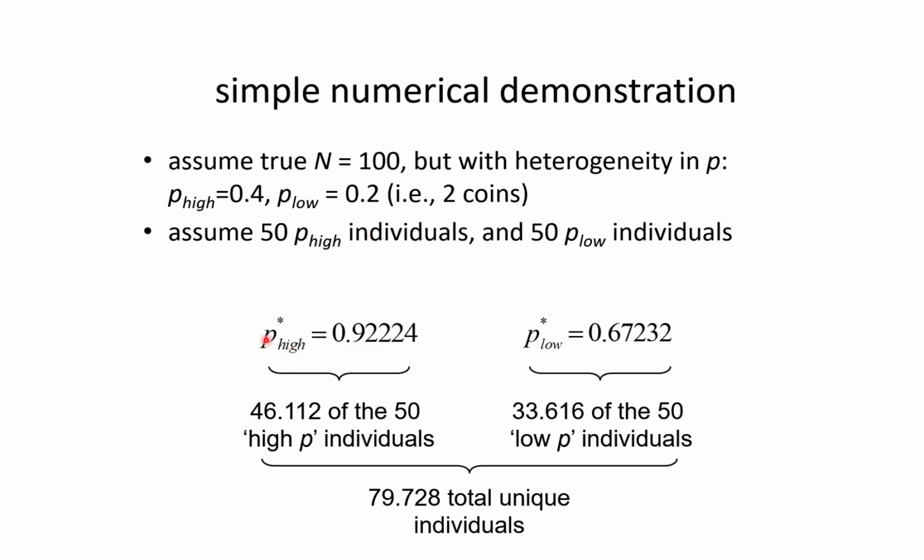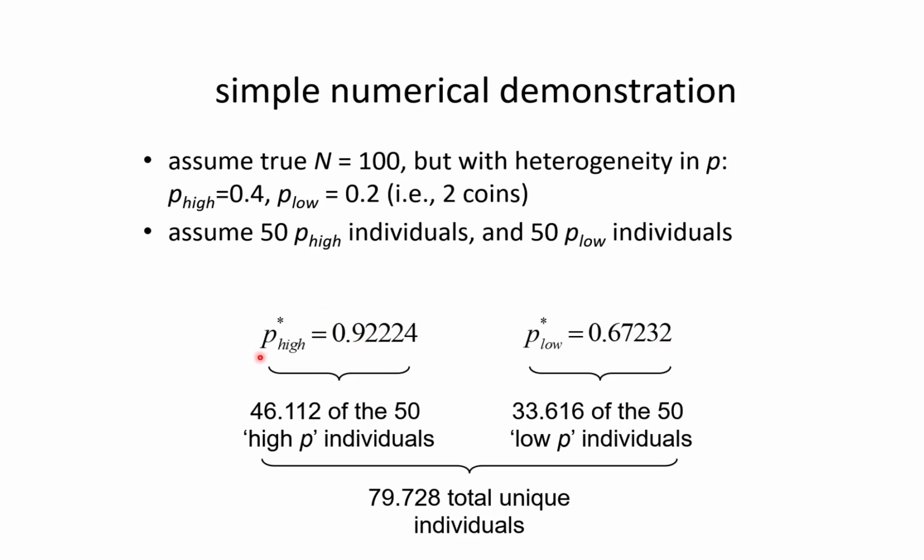If we do that, P star for the high individuals is 0.92224, meaning for those individuals with a high latent probability of encounter, there's a 92% chance that you'll be detected at least once. Conversely, for the low latent probability of encounter individuals, the probability of being encountered at least once, P star, is 0.67. So big difference. 92% chance for these guys, 67% chance for these guys.